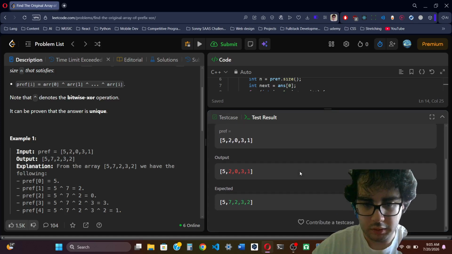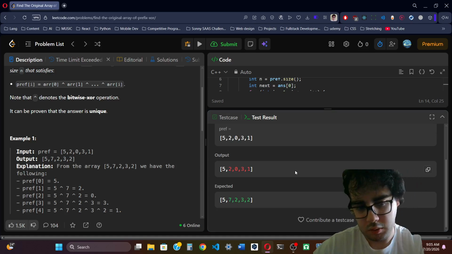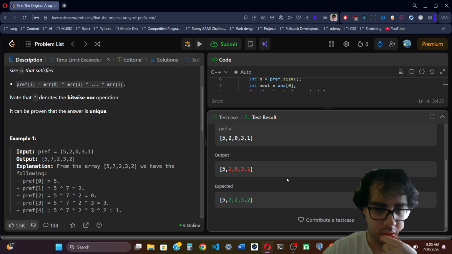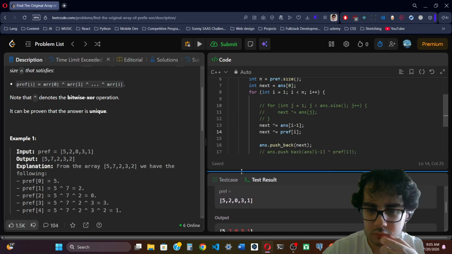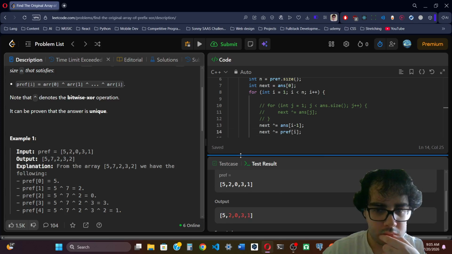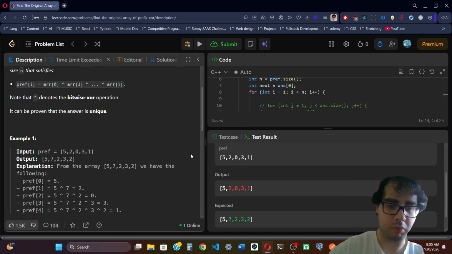Okay, wrong answer again, 2031. But it seems we are getting the results. We're not actually getting the result, we're getting this array, so there's still an improvement.